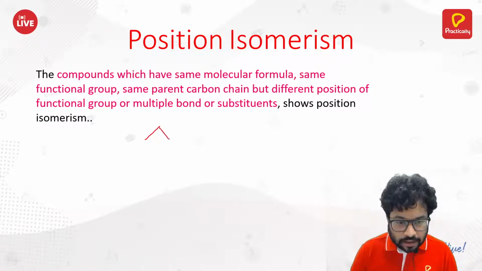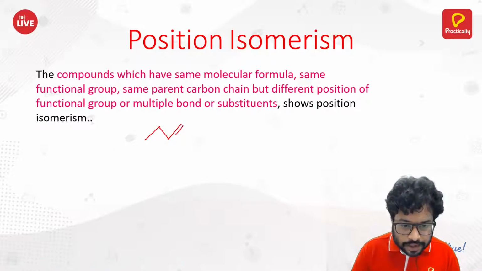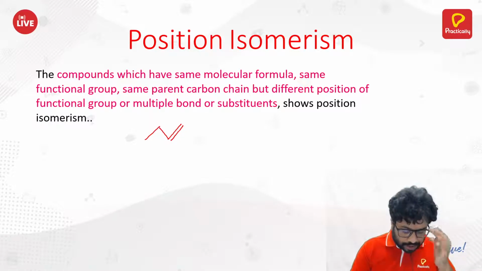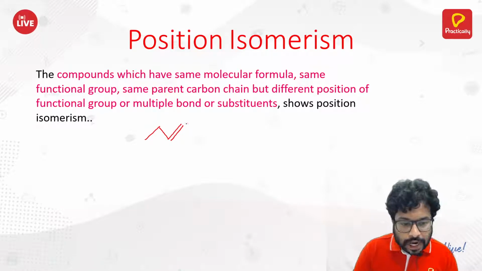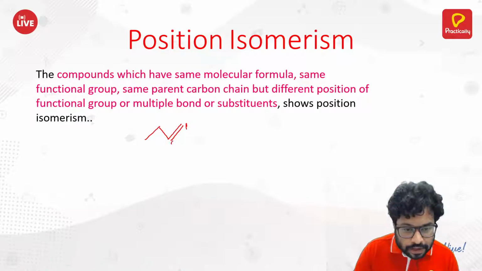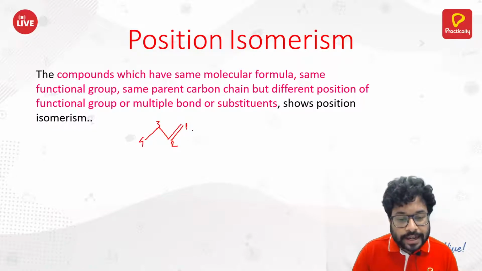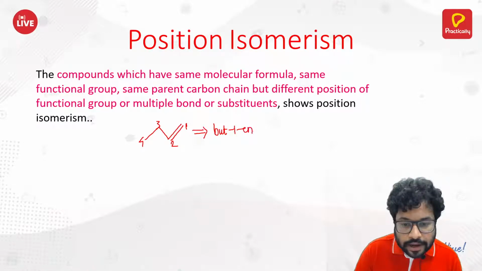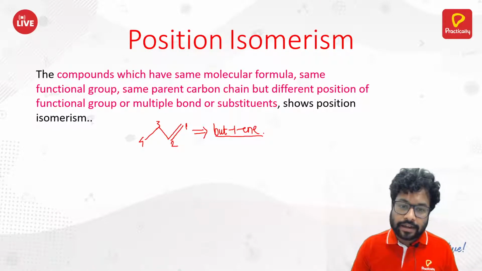So yeah, now see, you got a double bond here. Now how would you name this compound? Whenever you have a double bond, you start counting from this position. 1, 2, 3 and 4. What is the name of this compound? It will be named as but-1-ene. It's a but-1-ene, right?